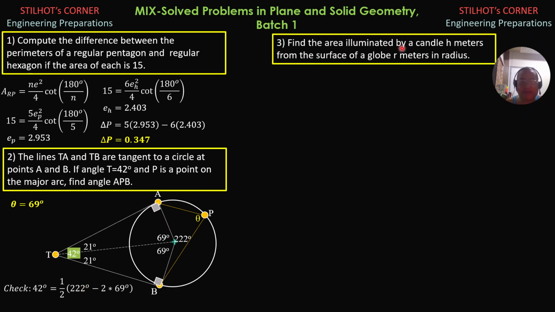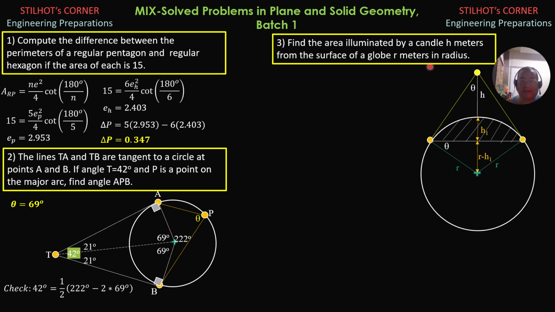Find the area illuminated by a candle h meters from the surface of a globe r meters in radius. To help analyze this situation, although the area illuminated is what we call the zone area, let's have the figure to compute the zone area or the area illuminated.